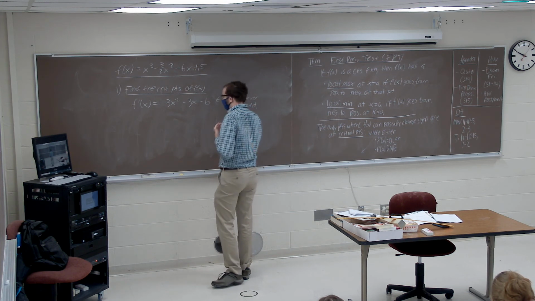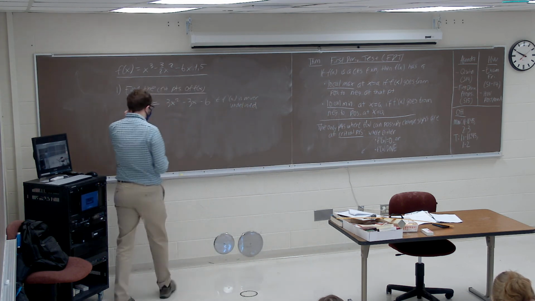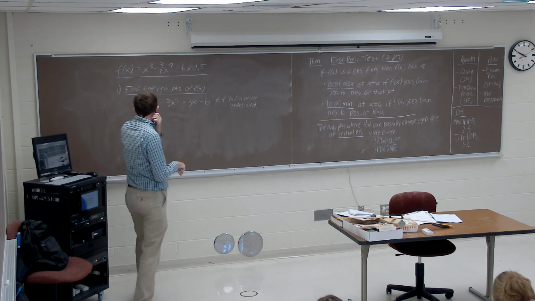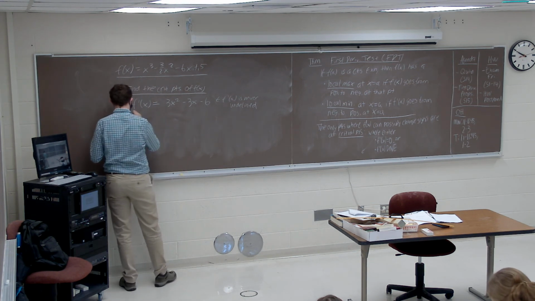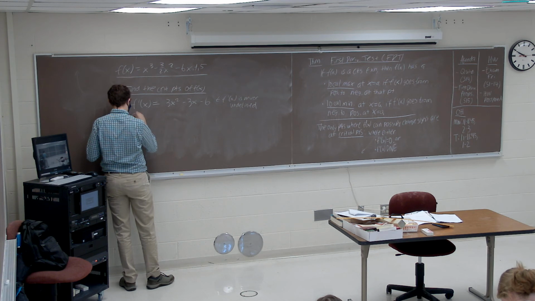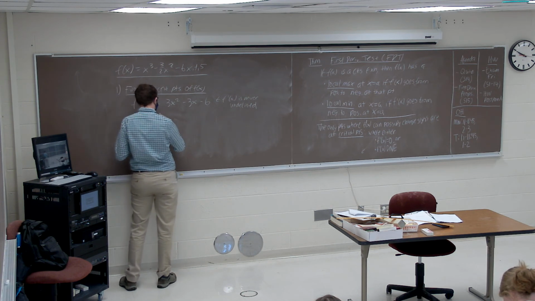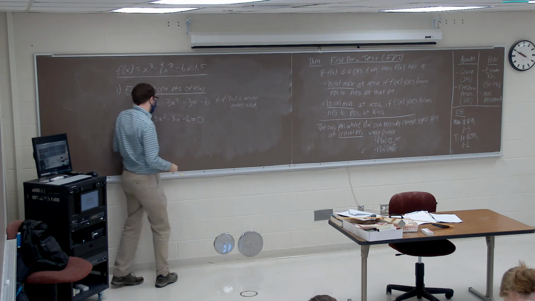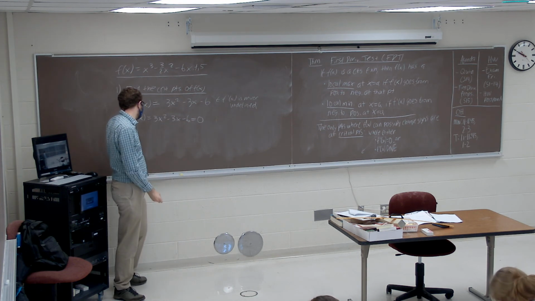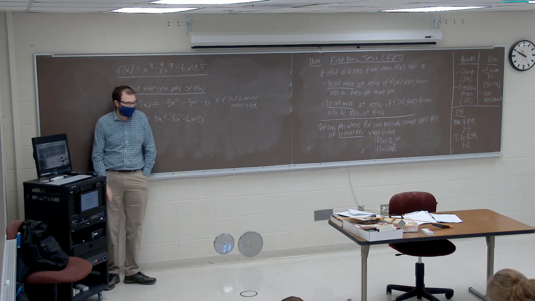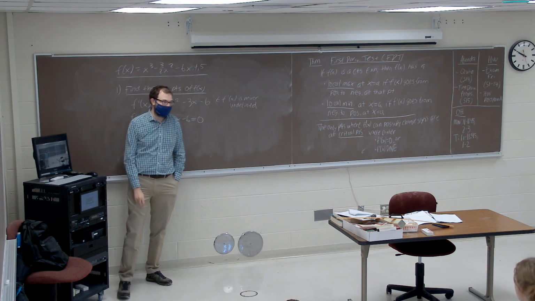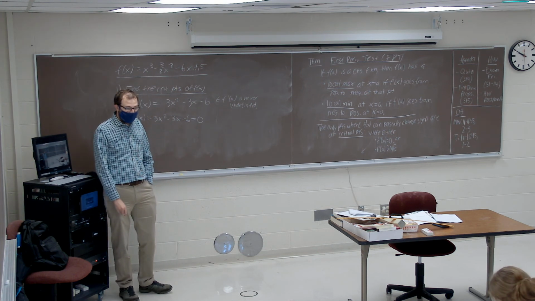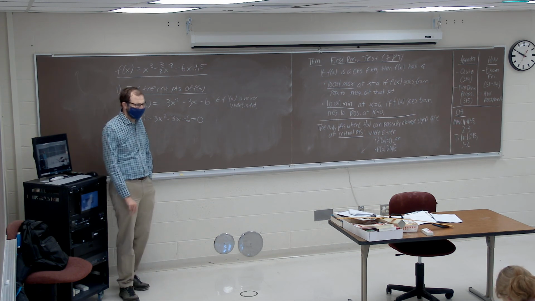So if we want to find critical points, we need to say, where does f prime of x equal 0? We have a quadratic, 3x squared minus 3x minus 6 equals 0. And we want to find what values of x are going to make that happen. What can we do?